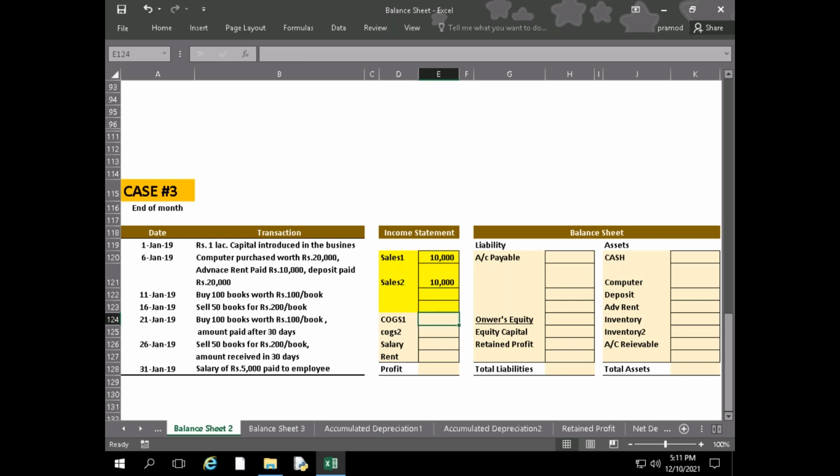When it comes to COGS, it is 50 into 100, 50 into 100. So salary is how much? Salary is 5,000. Rent is 10,000.